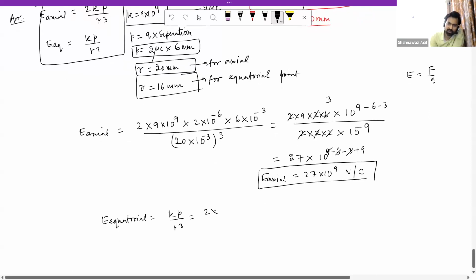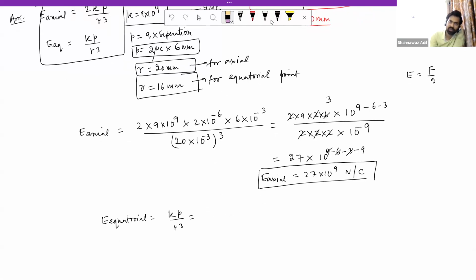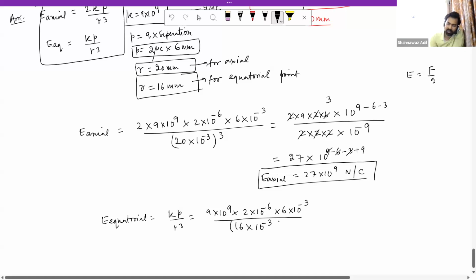So K is 9 into 10 to the power 9, this 2 is not there. P is 2 into 10 to the power minus 6 and 6 into 10 to the power minus 3. R cube is 16 into 10 to the power minus 3, and then cube. So this is how much?